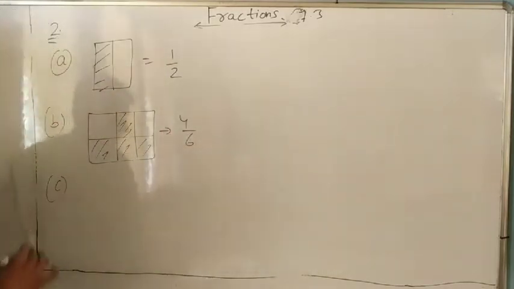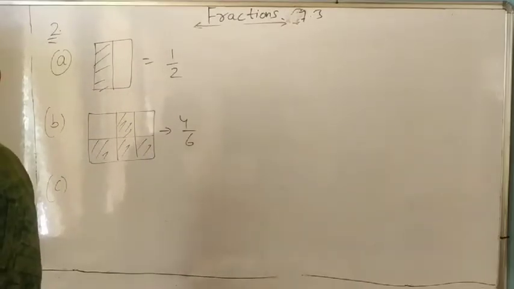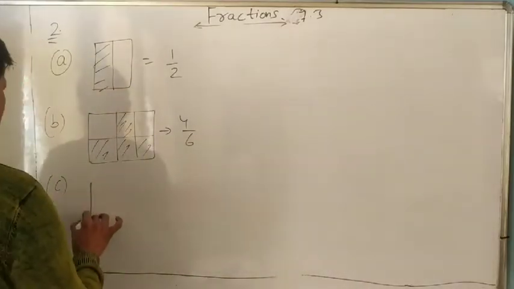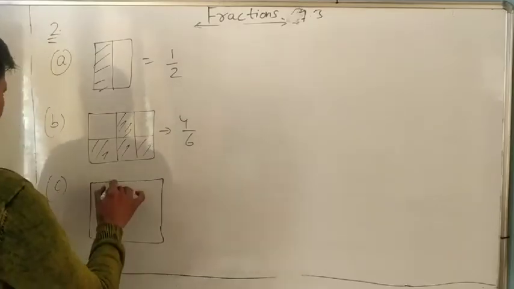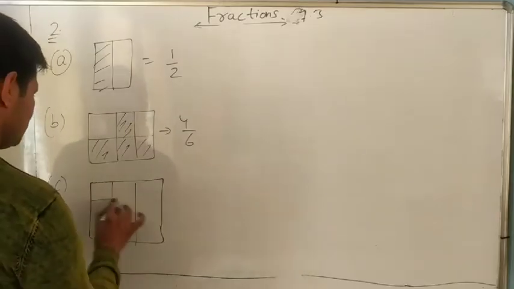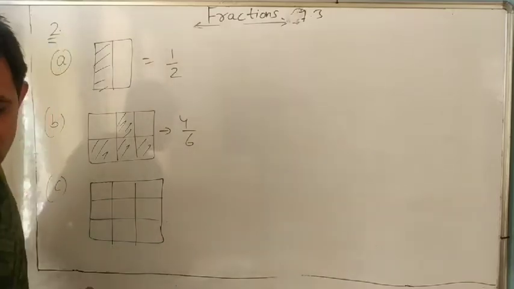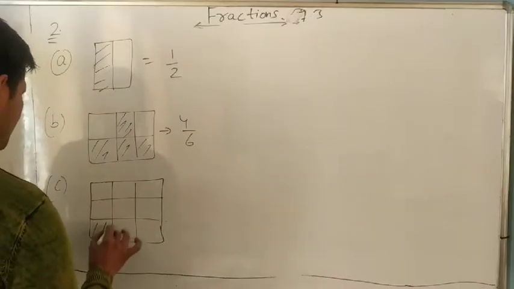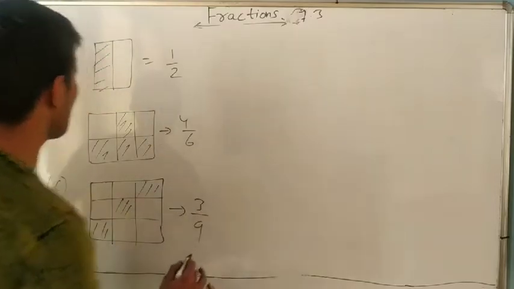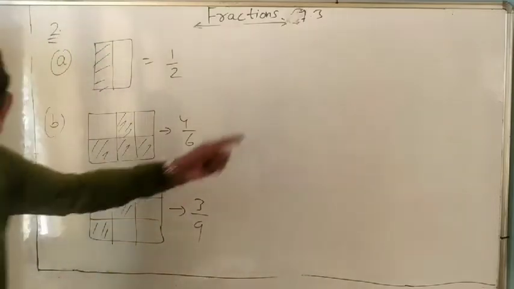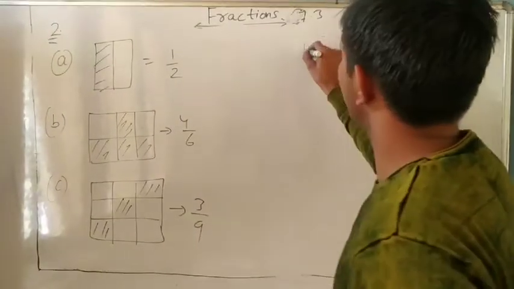C part, 9. So it is 3 upon 9. So like this one you have to make. And on the second side is the first part.